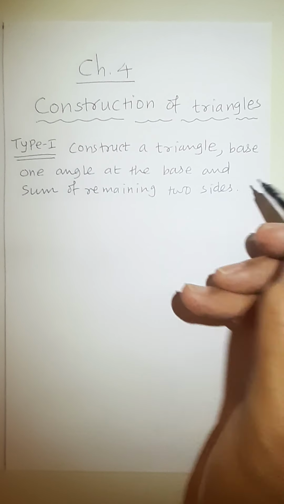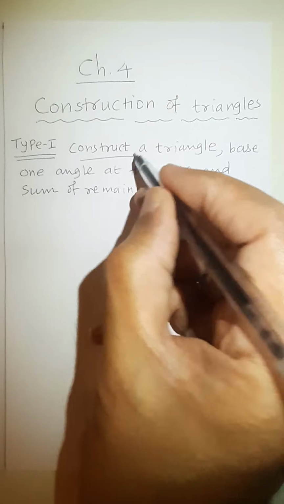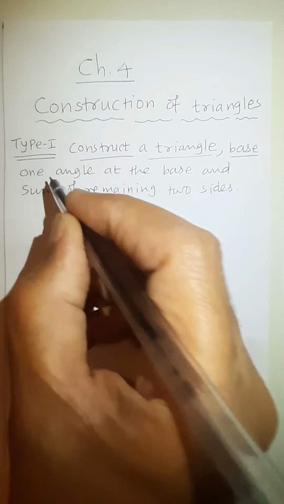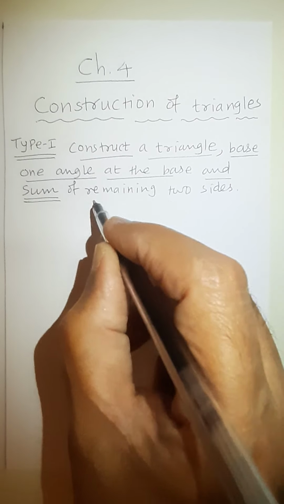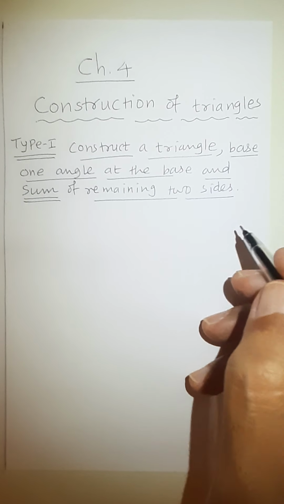These are the informations given. So we have to construct a triangle where the base is given, one angle at the base, and the sum of the remaining two sides of the triangle is given.